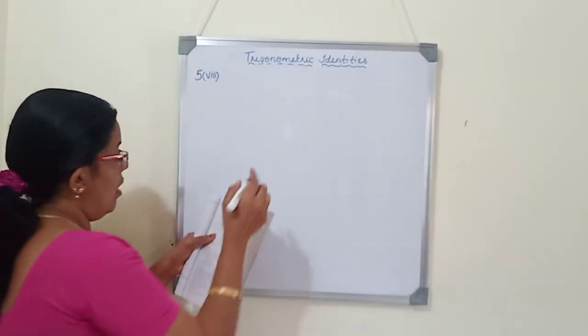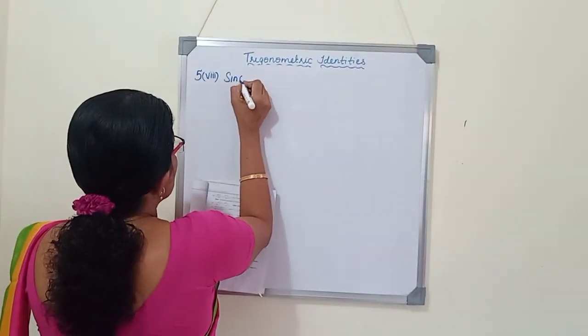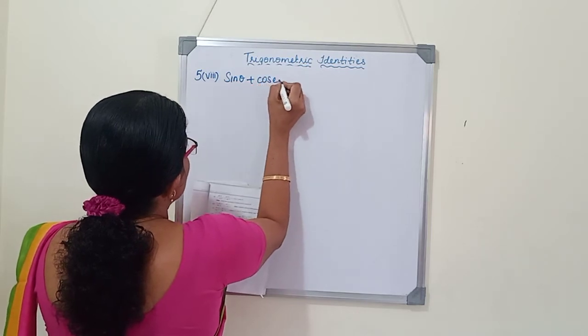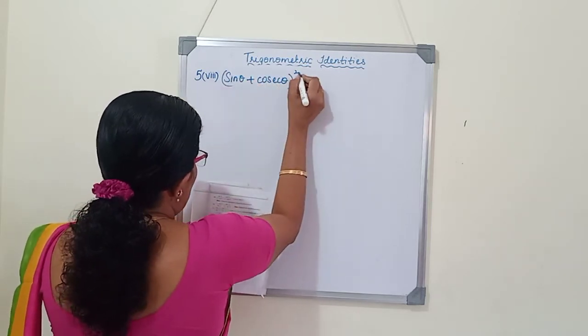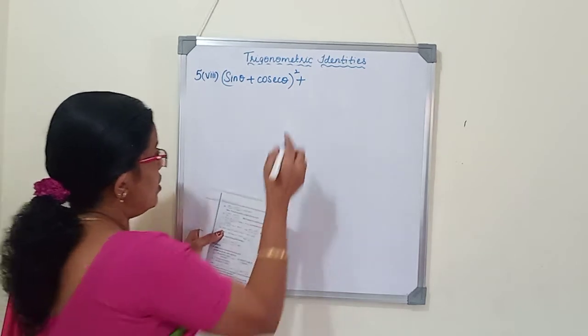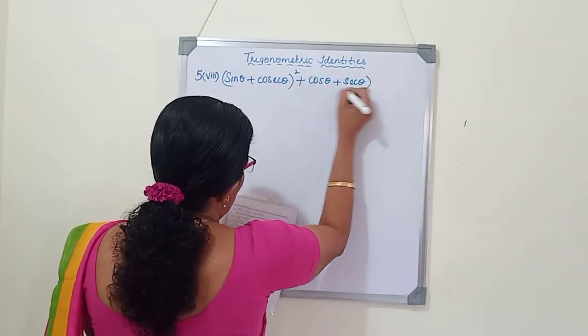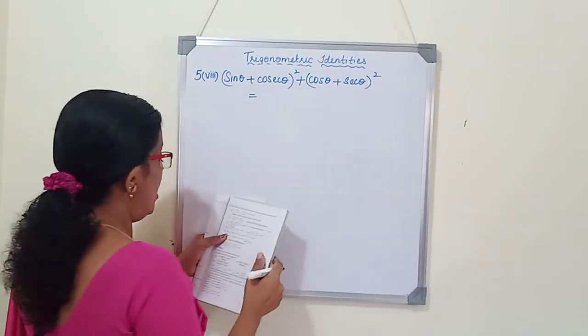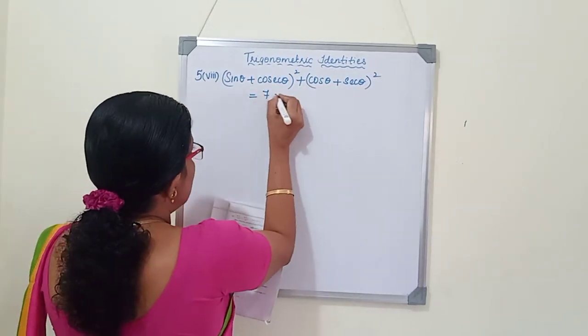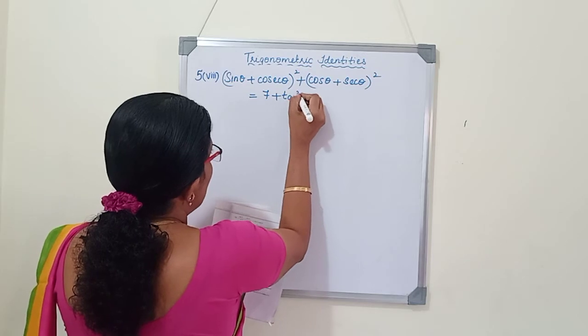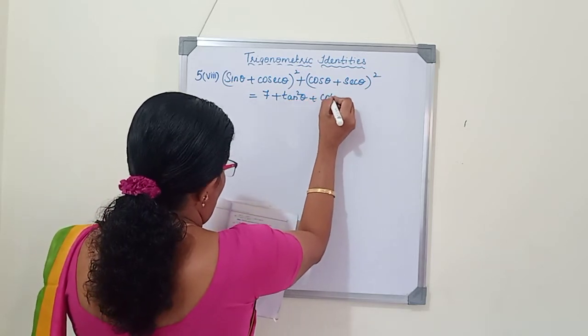8th question, (sin theta plus cosec theta) the whole square plus (cos theta plus sec theta) the whole square is equal to 7 plus tan square theta plus cot square theta.